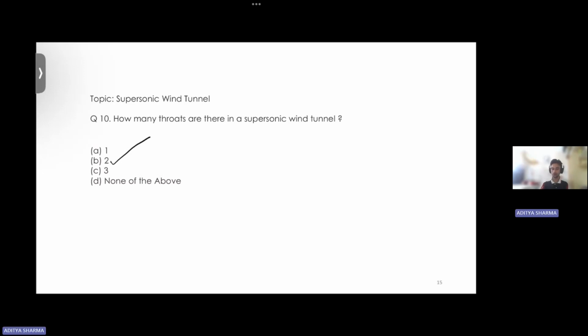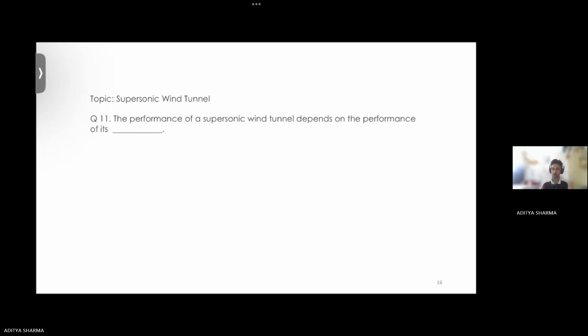Okay, so let's move on to the next question. The next question again is on supersonic wind tunnel. The question says that the performance of a supersonic wind tunnel depends on the performance of its, right? So four options are there.